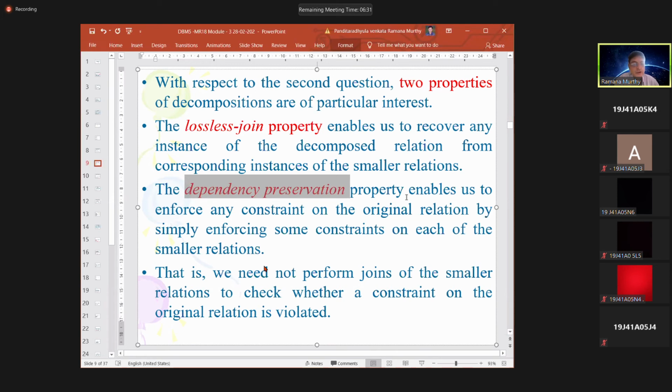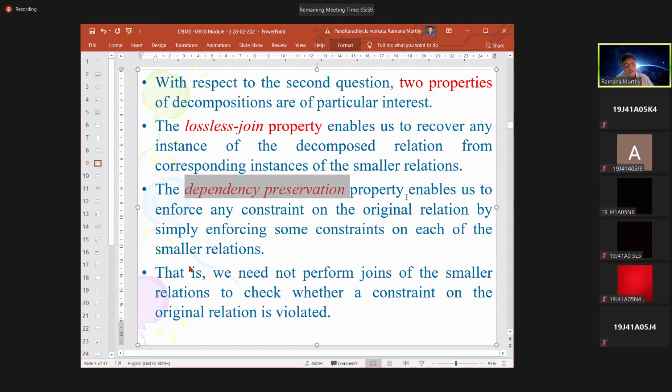Okay, right. So we need not perform joins of the smaller relations, where you are joining the smaller relations as part of the FROM clause. After doing the Cartesian products or any other thing, be careful, it is eliminated only. So we need not join the smaller relations to check whether a constraint on the original relation is violated or not.